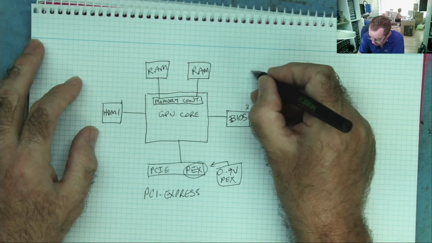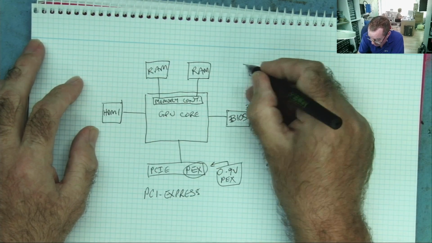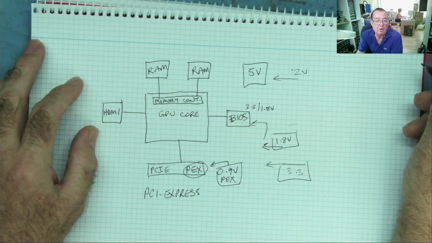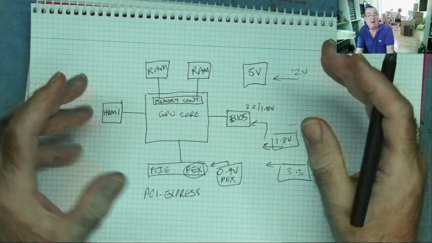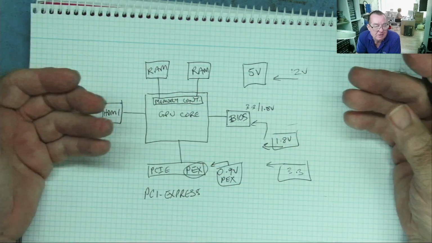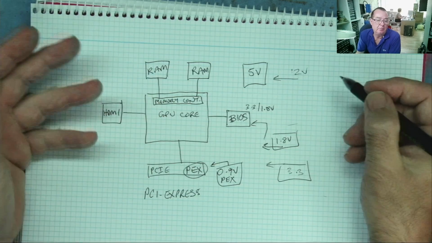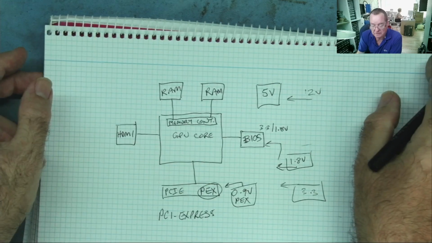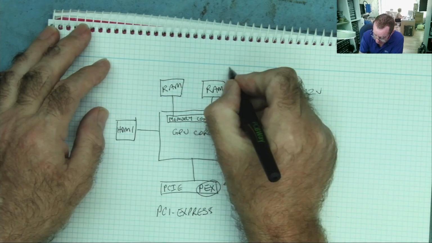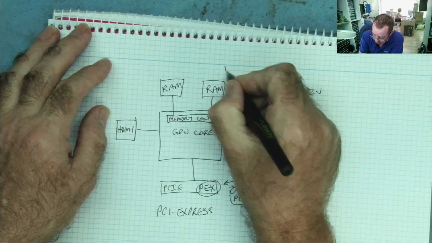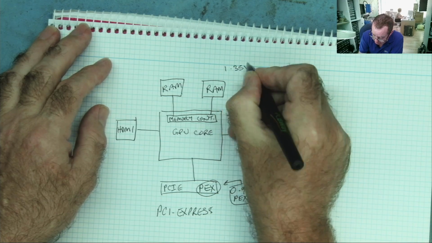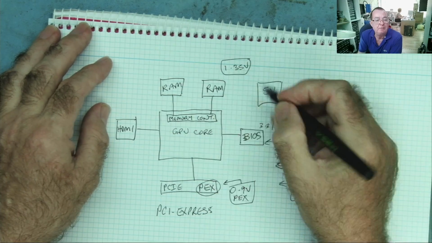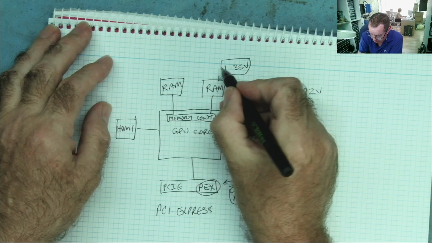We'll also find we have a 5 volt supply on our board, usually. You may find some graphics cards that don't have all of these voltages, but these are very commonly present. The RAM depends on what type of RAM, but on modern graphics cards, the RAM runs at 1.35 volts. So we'll have a 1.35 volt supply coming into the RAM.